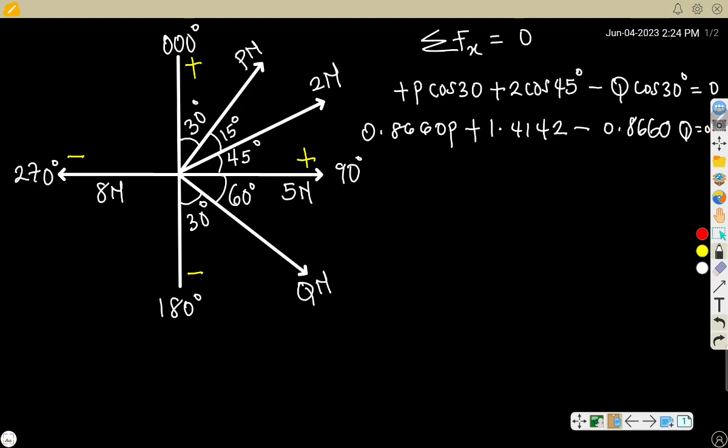So we have 0.8660P minus 0.8660Q equals minus 1.4142.